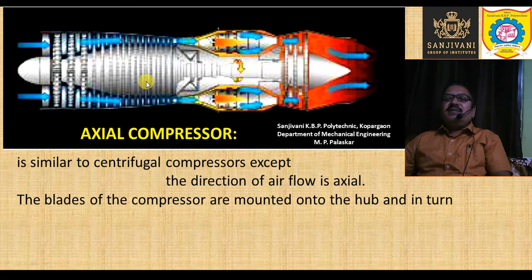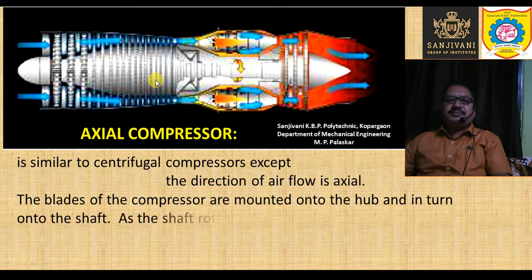The shaft and the hub on which the blades are mounted is nothing but the rotor of the compressor, and it rotates, and the blades which are mounted on the rotor are called the moving blades.